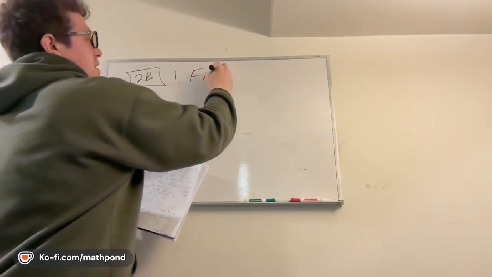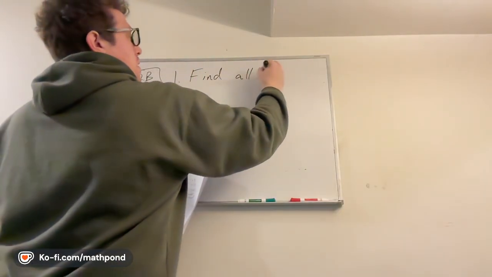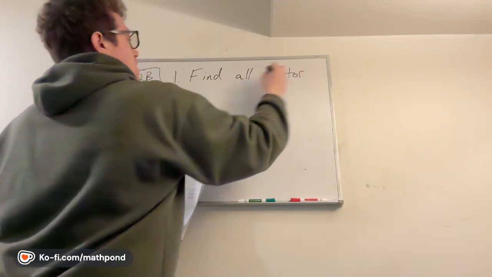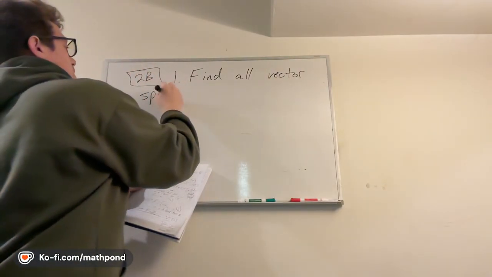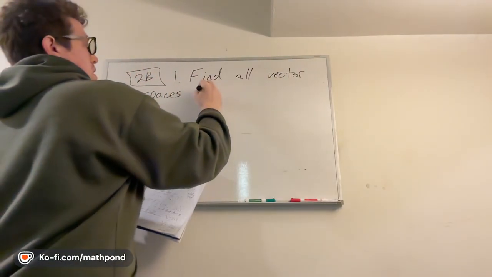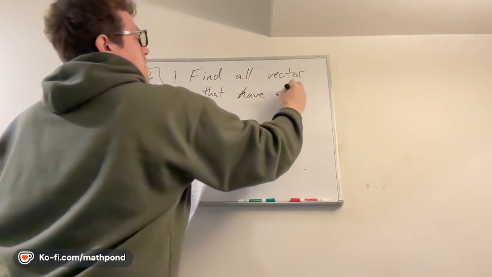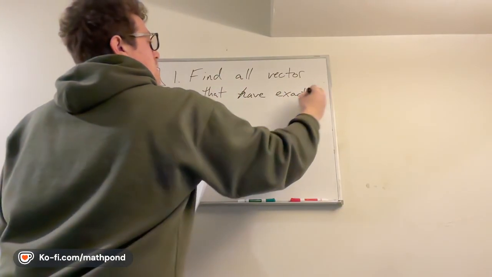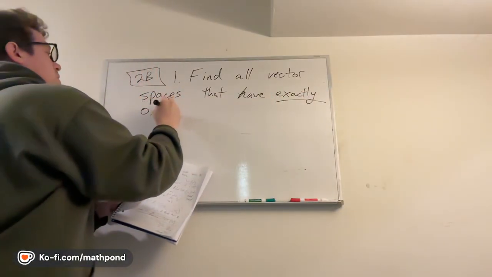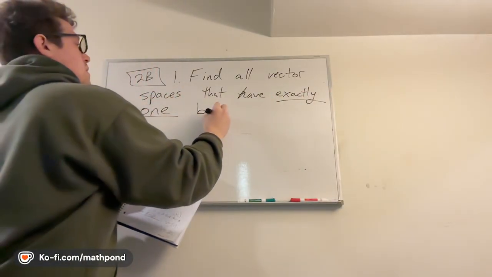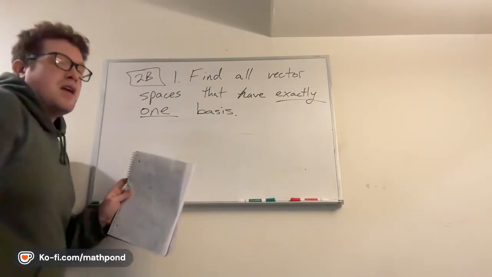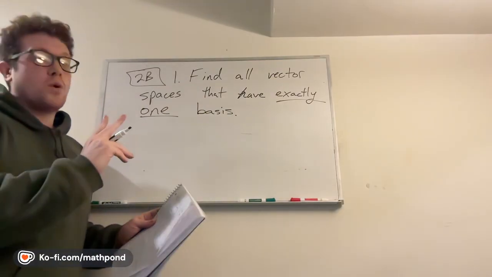So we want to find all vector spaces that have exactly one basis. And remember that a basis is ordered, right?